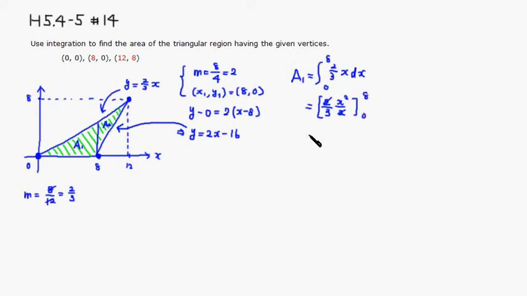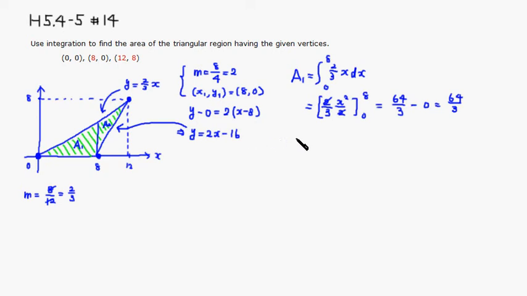So it's 1/3 times 8 squared, so 64 over 3, minus plugging in 0, which is 0 anyway. So A1 is 64 over 3. That's this region right here.